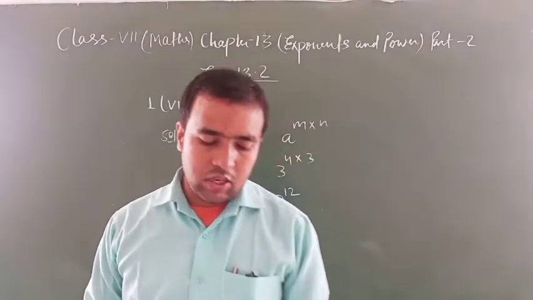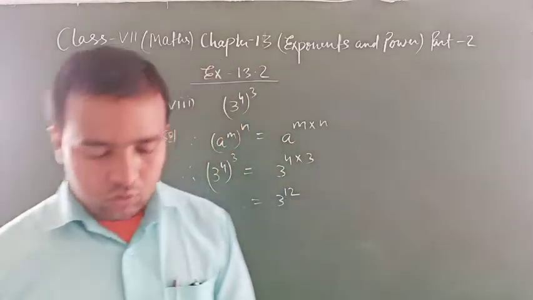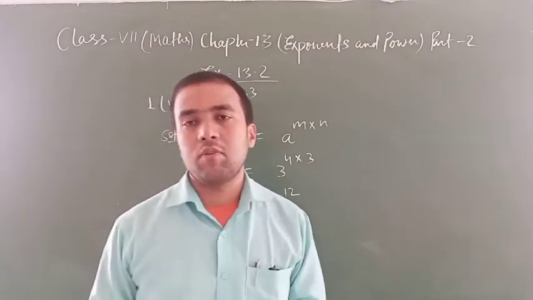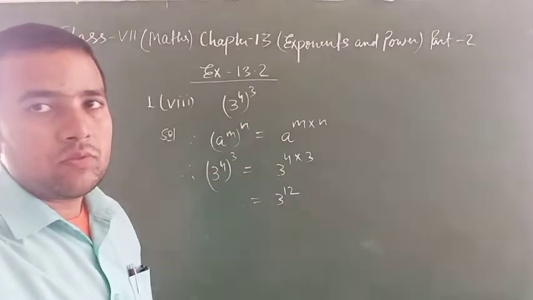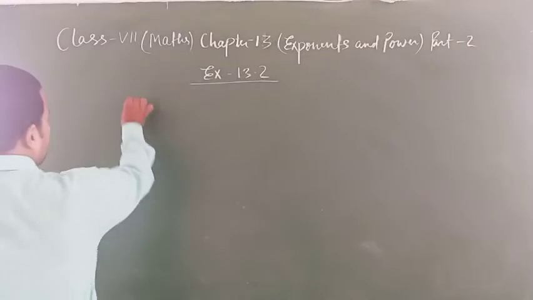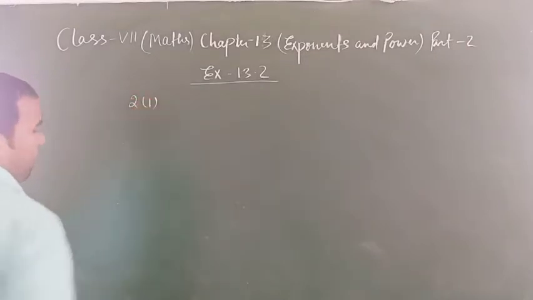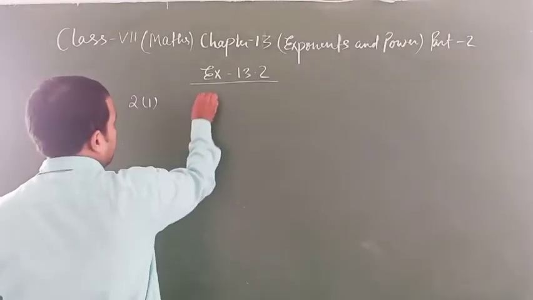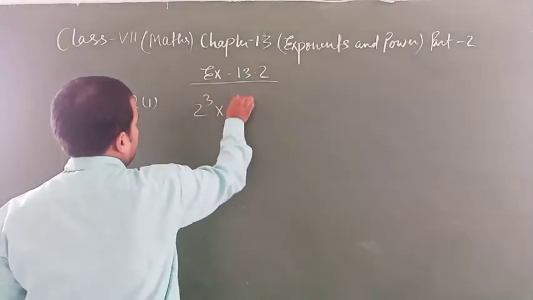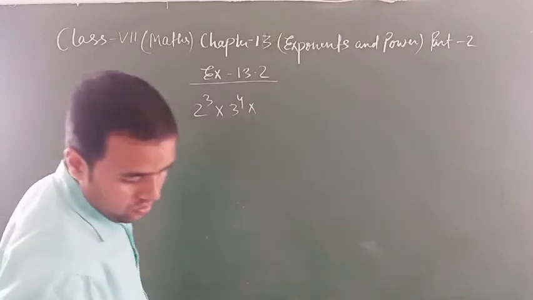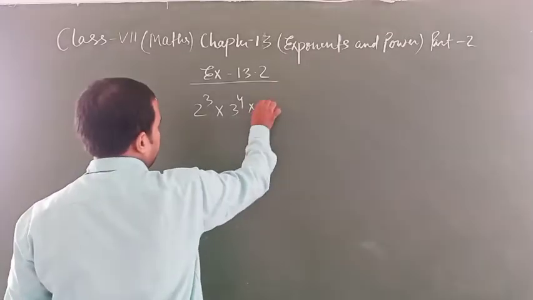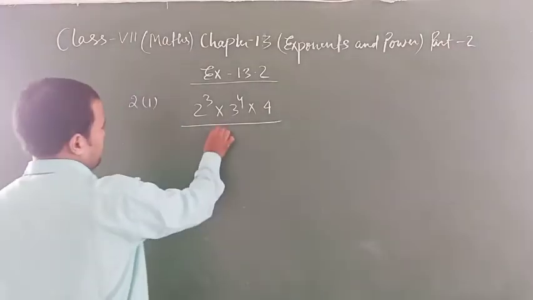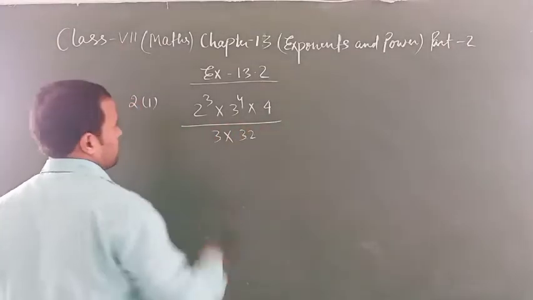Other parts you can do. Now question number 2: Simplify and express each of the following in exponential form. Clear? Note down. Second: 2 power 3 into 3 power 4 into 4 upon 3 into 32.